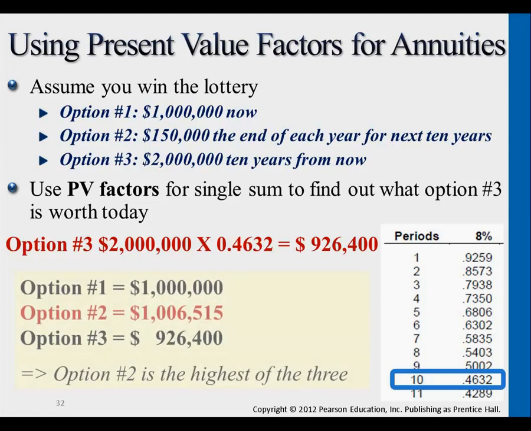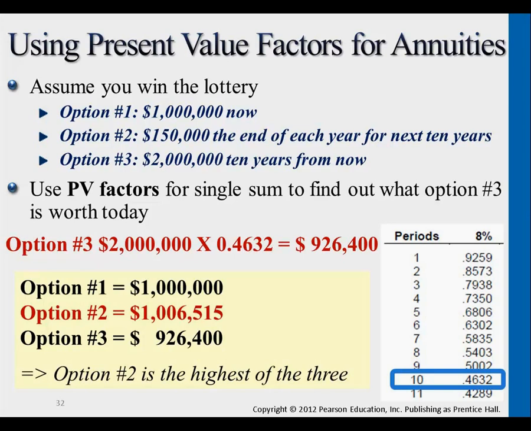So you're right, option 2 is the one that we want to go with. Although if you just simply multiply it by the years, that might be a different number. Using your factor tables is actually going to give you the present value of whatever is offered.